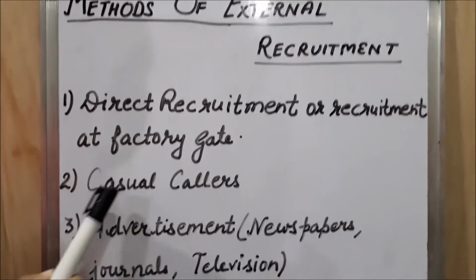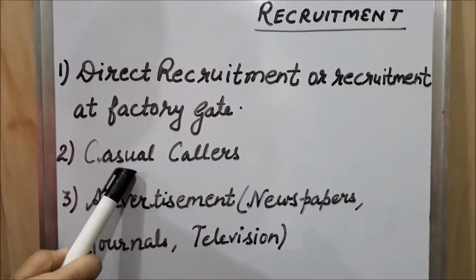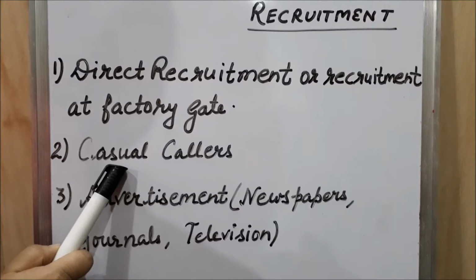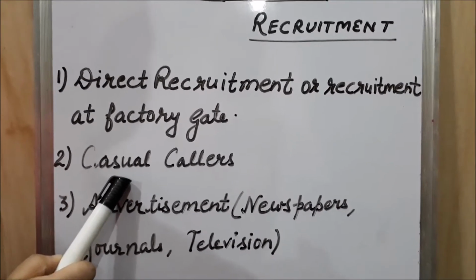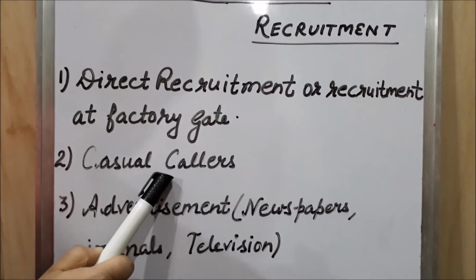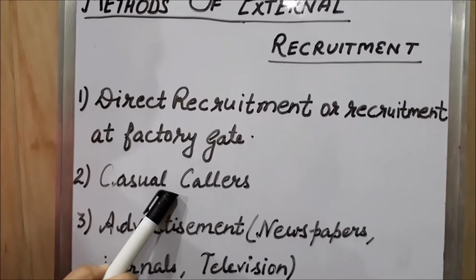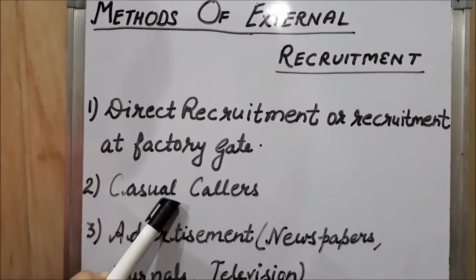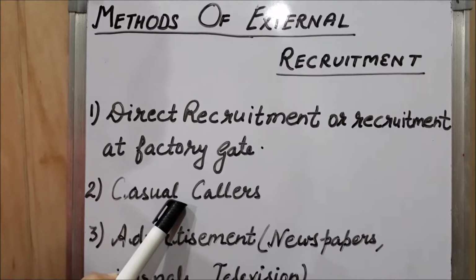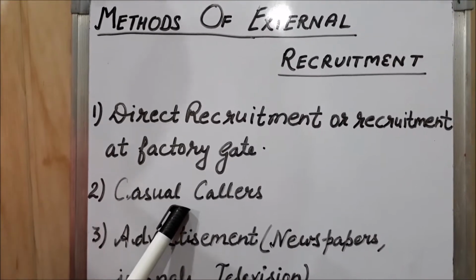The second method is casual callers. What happens is, students after the completion of their education keep on sending their resumes to reputed companies. Some of the big and reputed companies maintain a record of these unsolicited applications. What is the meaning of unsolicited? Unsolicited means uncalled applications.